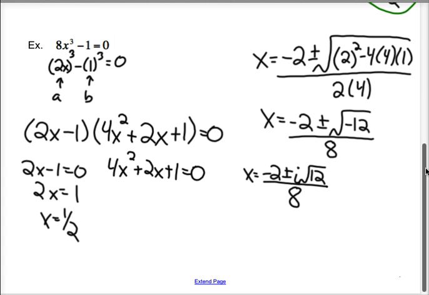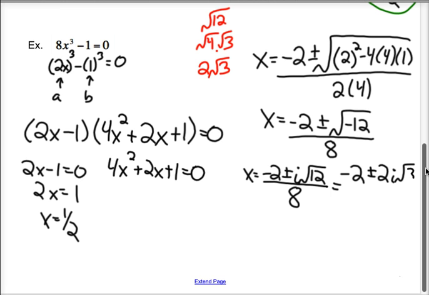And now, again, you always have to be careful as well, because that square root of 12 is really 4 times 3, so it can reduce to 2 square roots of 3. So that means we have a 2 on the outside of the square root now, and a 3 left inside of our square root.